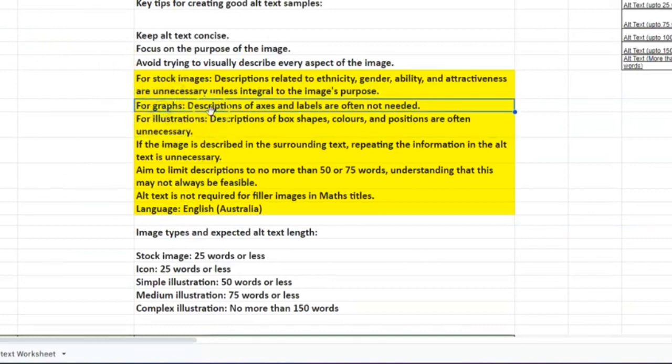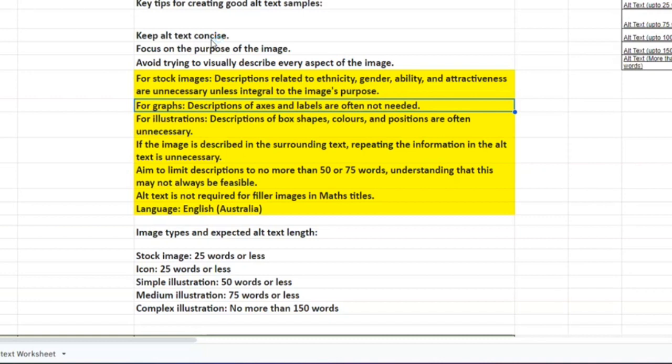For a graph, description of access levels is often not needed, but you need to give proper information around it. Descriptions related to ethnicity, gender, ability, and activeness are avoided unless integral to the image. Unless integral means, suppose in an image particular religious symbols are already present, like a moon or a Christian symbol.